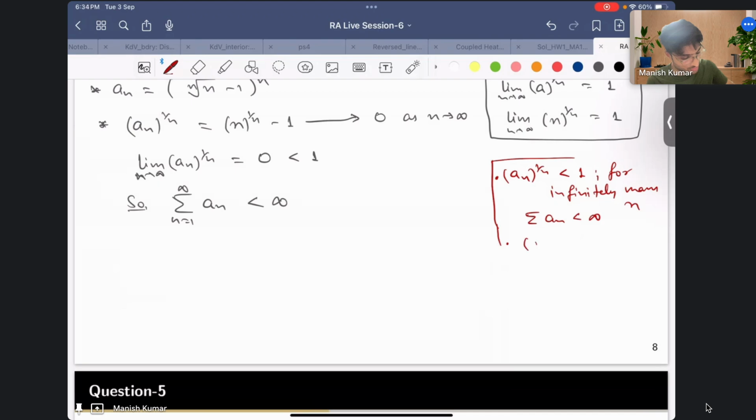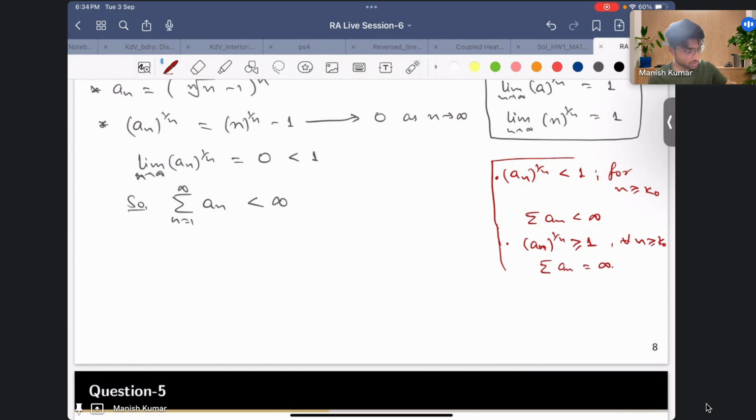And if a_n raised to the power 1 by n is greater than 1 or even equal to 1 after some stage, so this 'for infinitely many n' means basically after some stage. So you can replace this by something like this: for n greater than or equal to some k naught, and here also for n greater than or equal to k naught. If you have such a thing, then in this case the series will diverge, right?